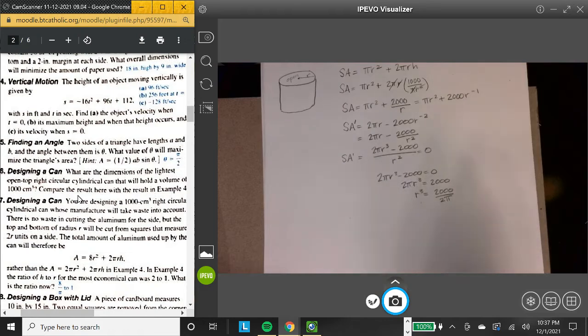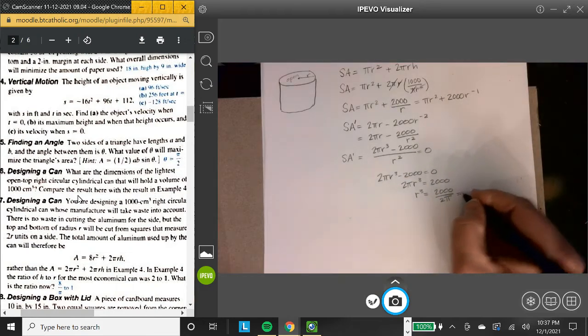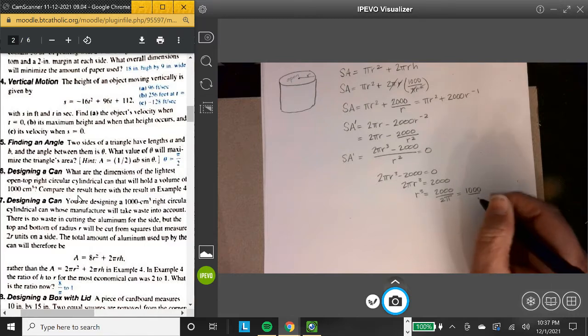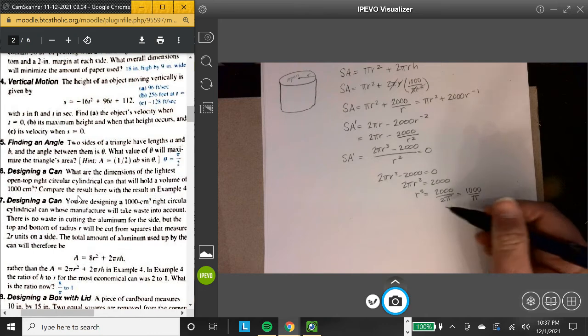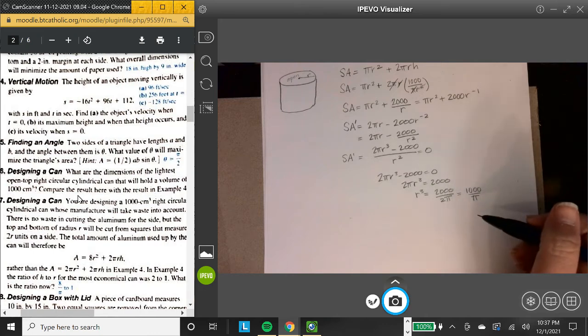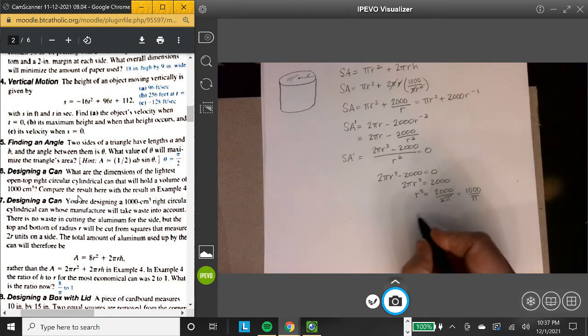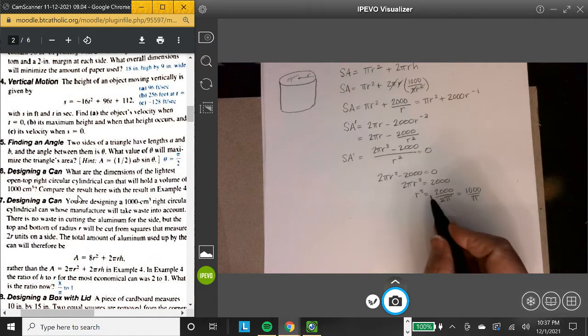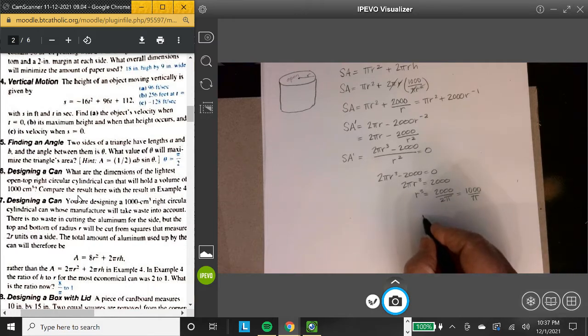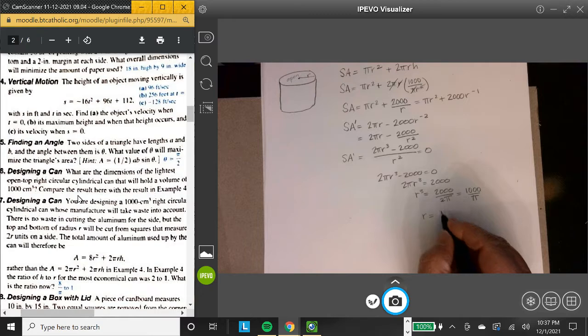Now, I am only going to reduce this by 2. I'm going to make this 1,000 over pi, right? Because I can get rid of the 2. And then I'm going to take the cube root of both sides. Well, the cube root of 1,000 is 10. So this is r equals 10 over the cube root of pi.